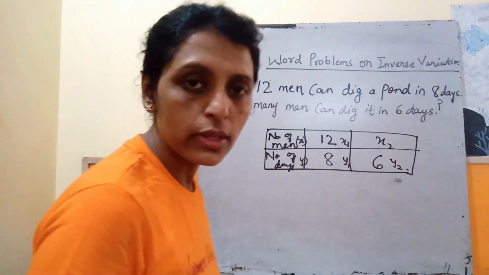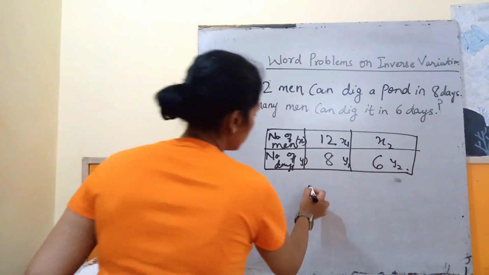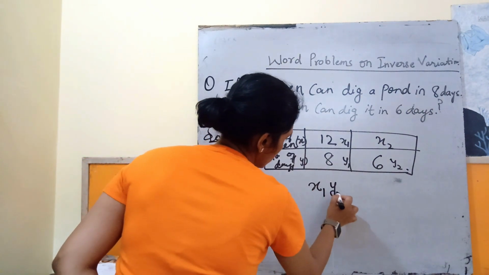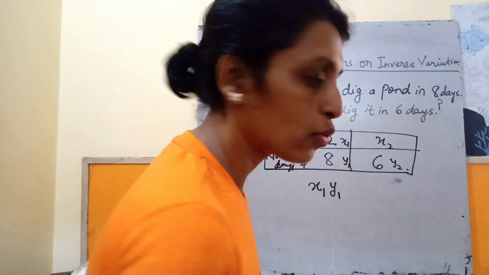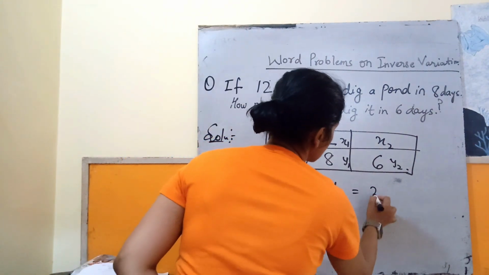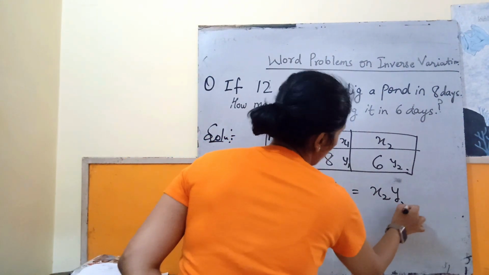And we know that in inverse variation the rule is x1 into y1 is equal to x2 into y2.